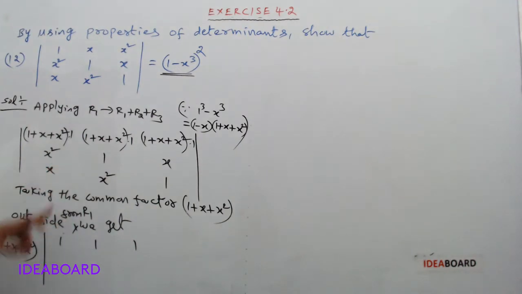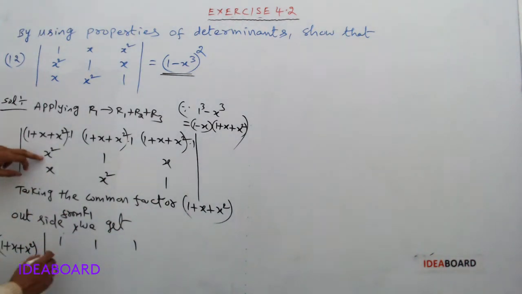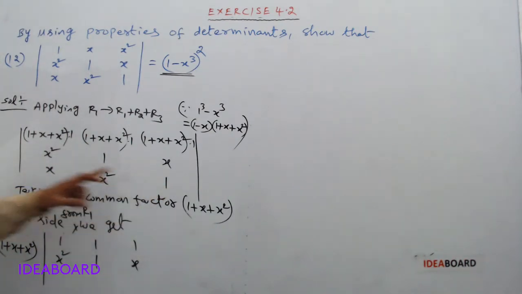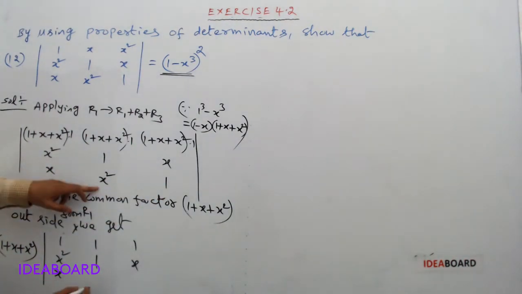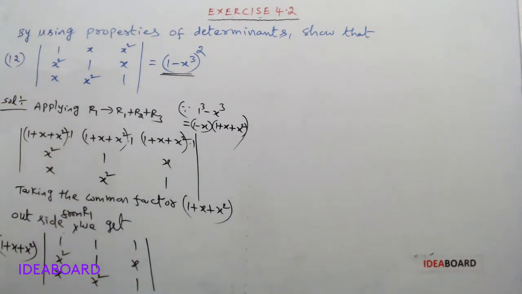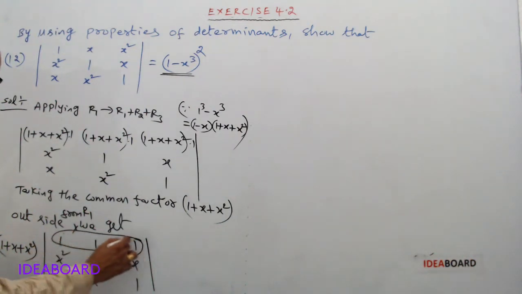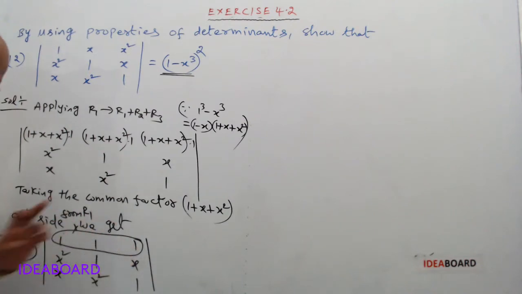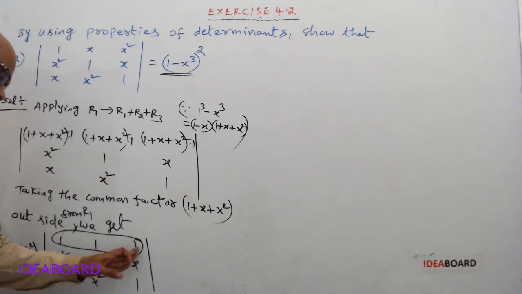Now R2 is the same. In R2 what do we have? x² 1 x. In R3 what do we have? x x² 1. Now in R1 we have 1 1 1, so we try to get two zeros in R1.